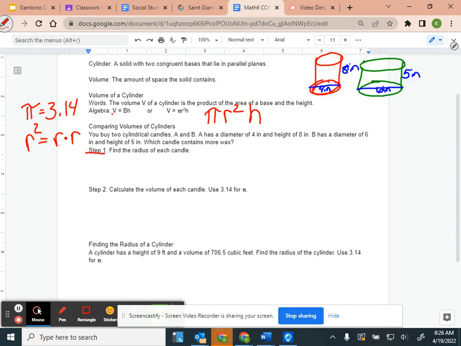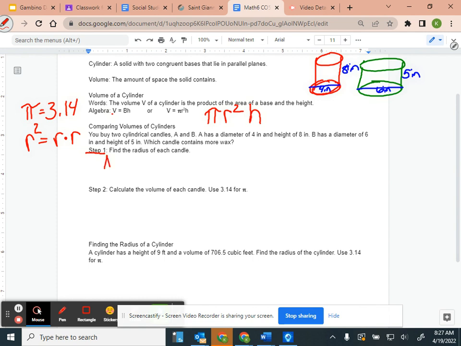Look at step 1. Tristan? We need to find the radius. We have the diameter. We need to find the radius, because remember, we want to work with the radius. The radius is only half of the diameter. So if they give you a diameter, you need to remember that you have to divide it by 2 to find the radius.